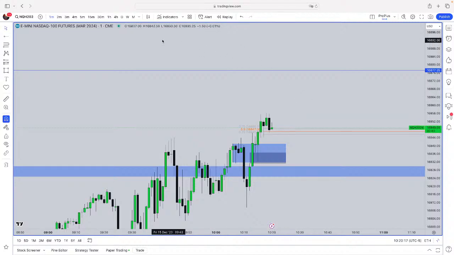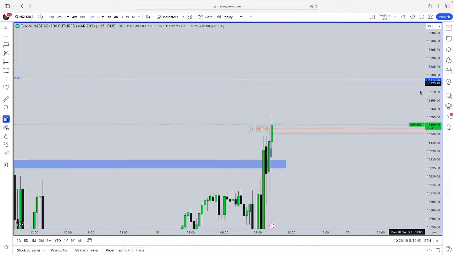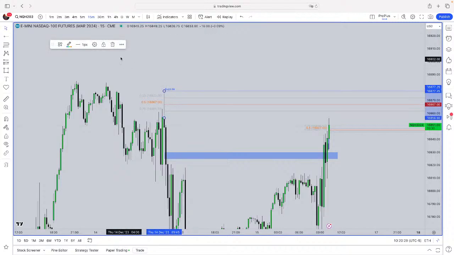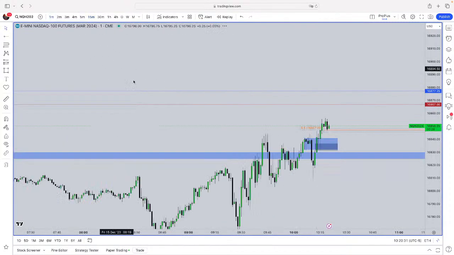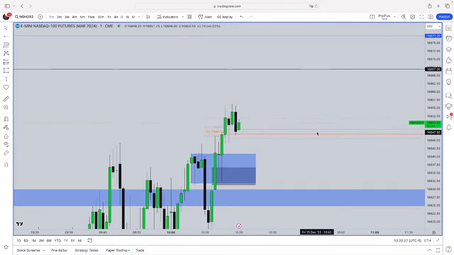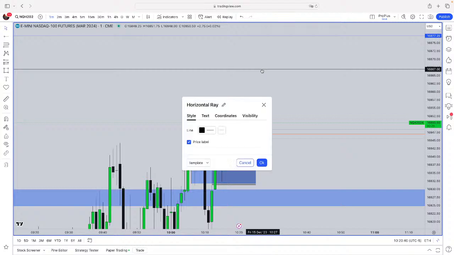So that's actually on the 15. 67 flat. There we go. So that's the consequent encroachment here.